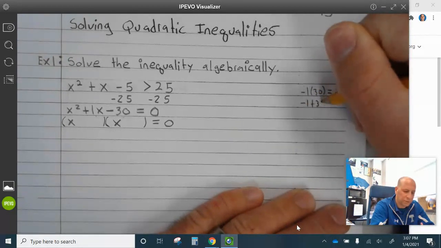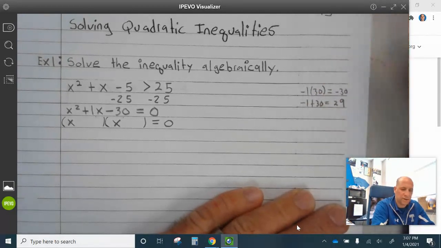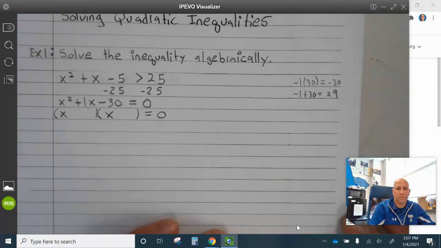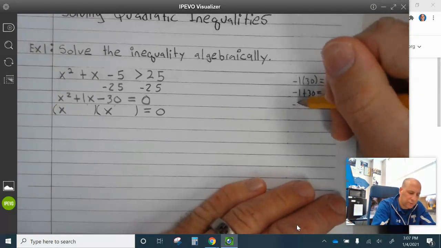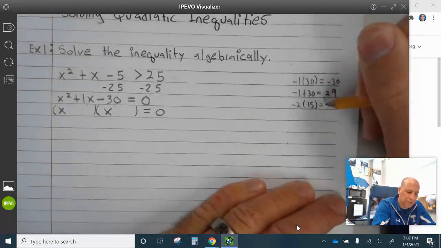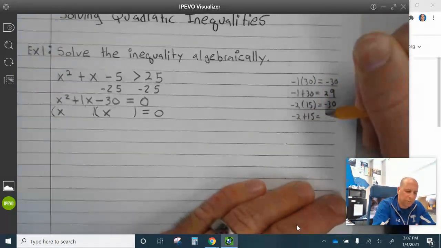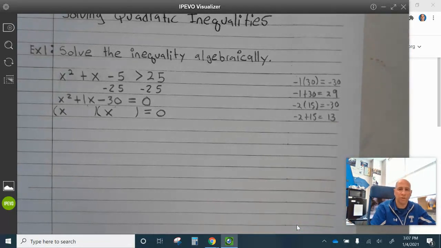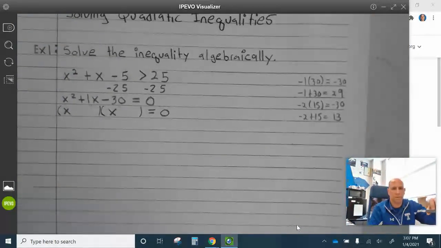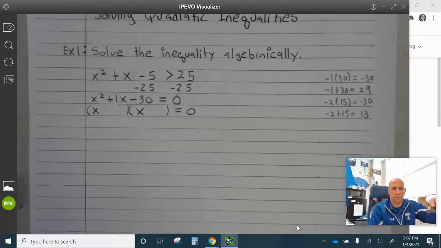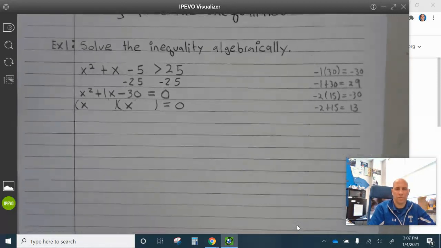Negative 1 plus 30 is 29. Okay, that doesn't work. Now let's do negative 2 times 15, which is negative 30. Negative 2 plus 15 equals 13. That's not it, but we're getting closer to 1.